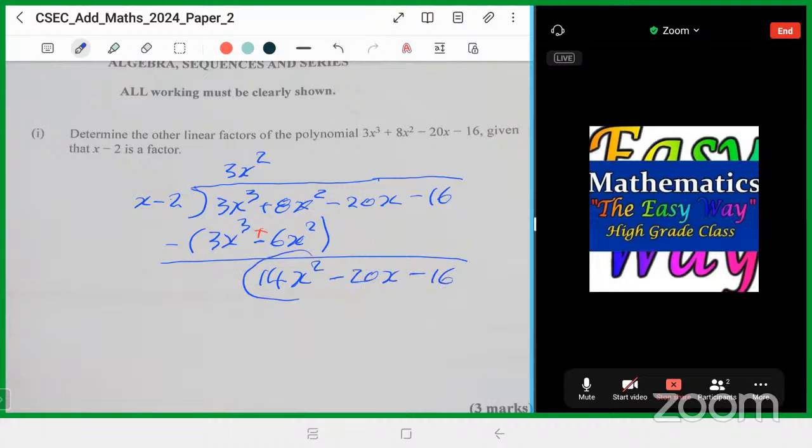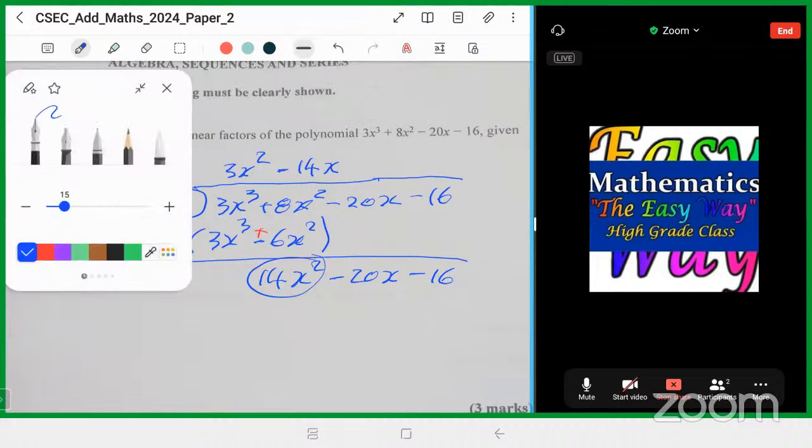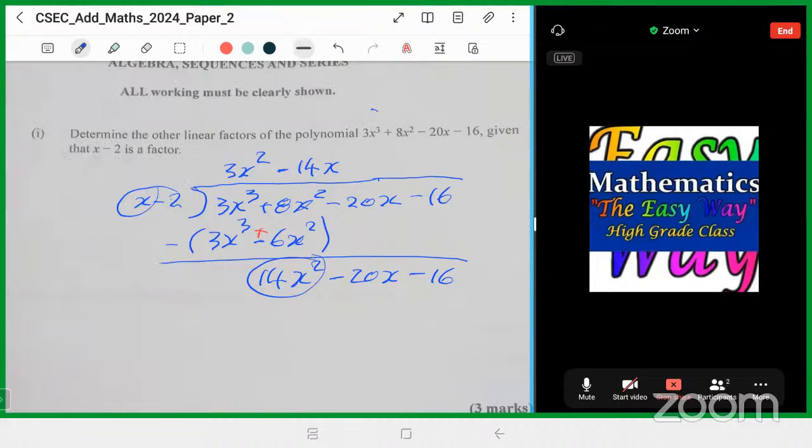Then I'm dividing this by that x, and I'm going to get, sorry, that should be a plus, not a minus. I'm dividing this by this, I'm getting a plus. It's actually a plus. My mistake. So it's plus 14x, times these now.